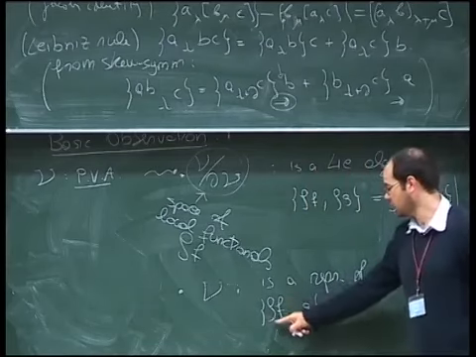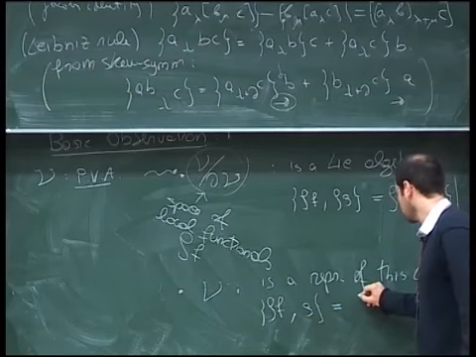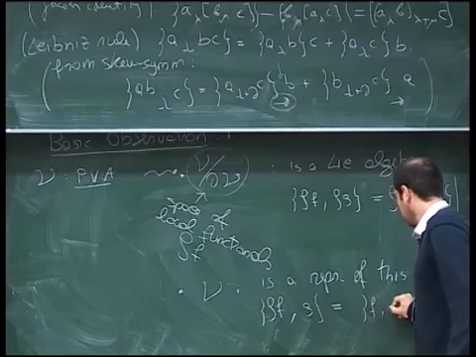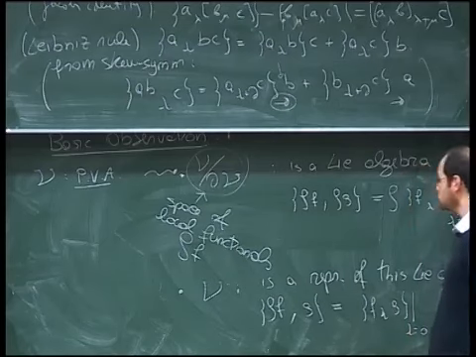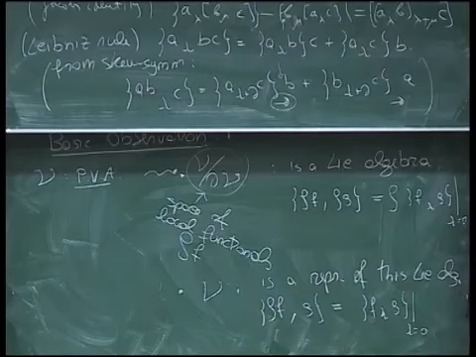The element f of the Lie algebra acting on the function g is by definition the lambda bracket of f with g at lambda equals 0. This is well defined, and it defines an action of the Lie algebra. Also, this is immediate from the axioms of a Poisson vertex algebra.